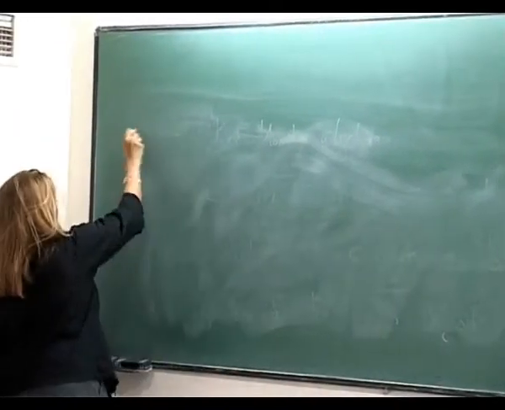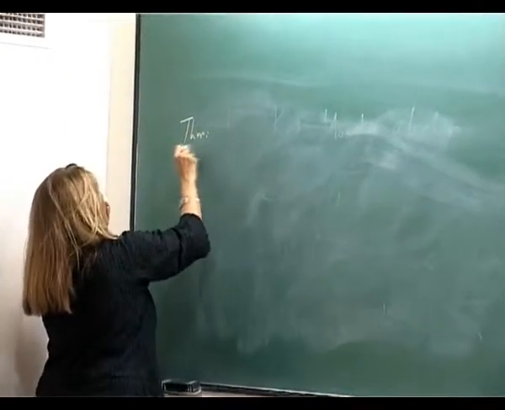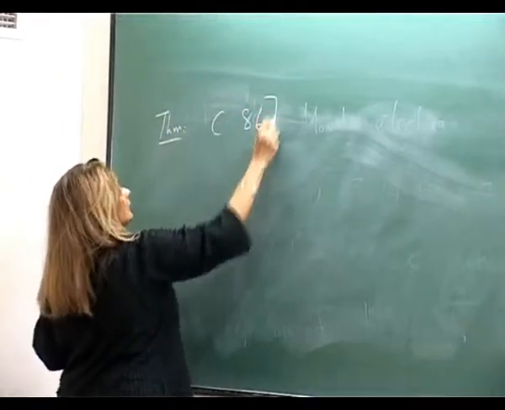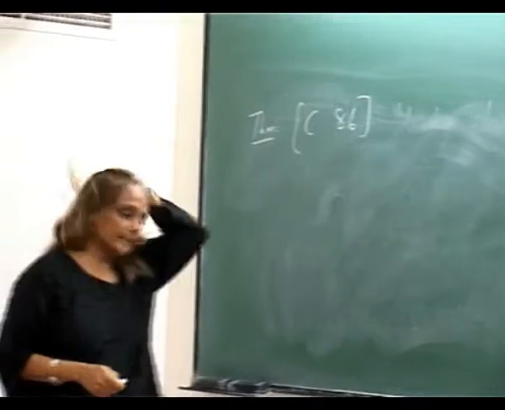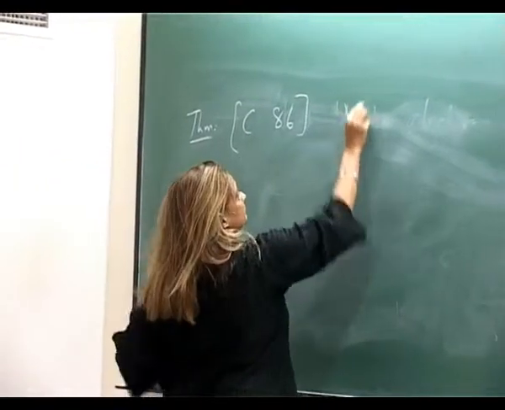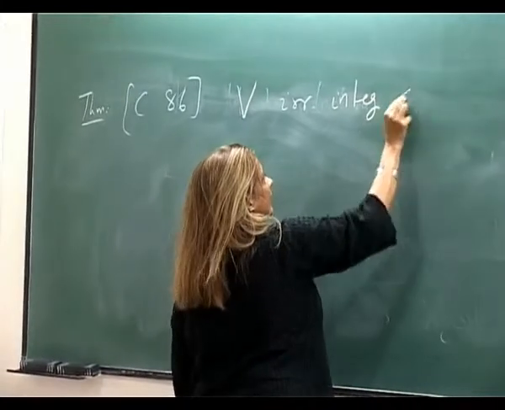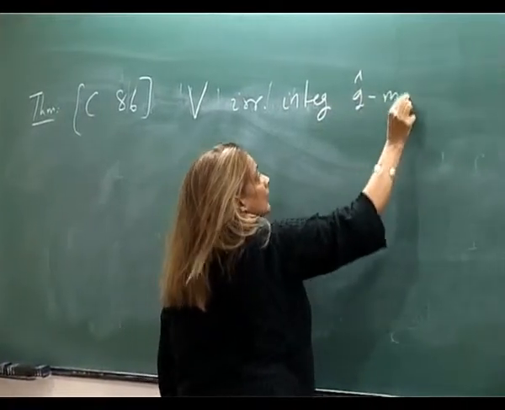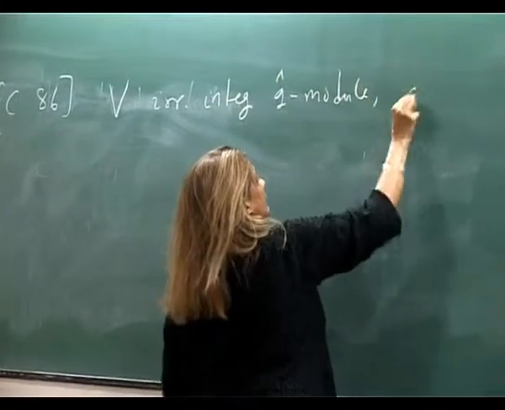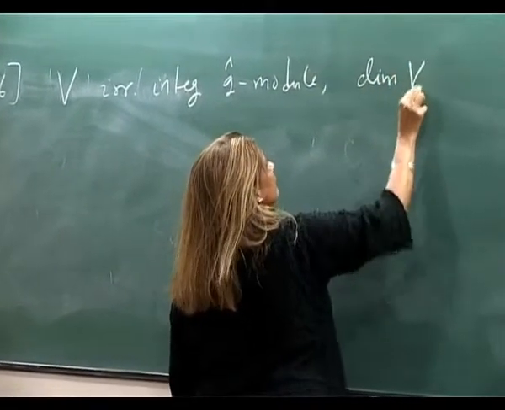So then the theorem, which I proved a long time ago, was the following. Supposing I had V, an irreducible integrable g hat module, with this restriction, so dimension of V mu is finite.